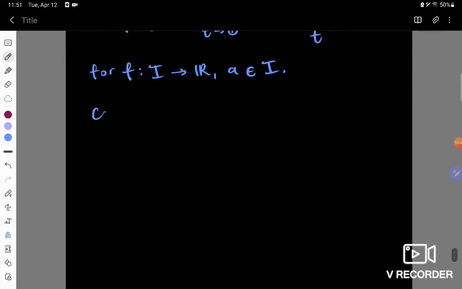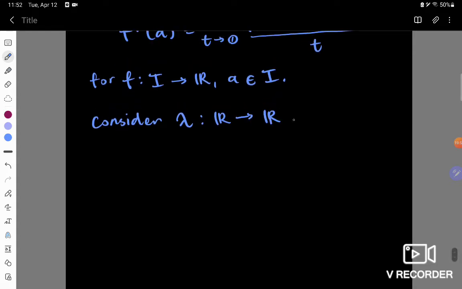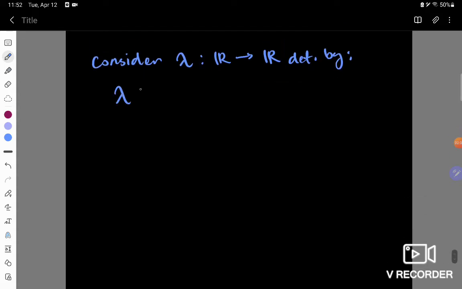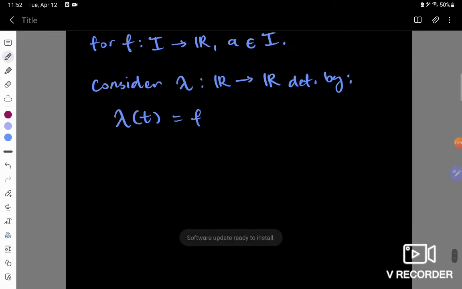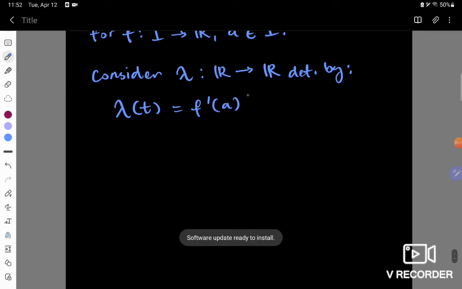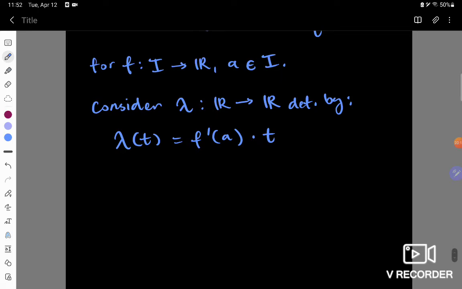Consider what we'll call lambda, which we define from the real numbers to the real numbers, defined by lambda of t equals f prime of a times t. So this is certainly a mapping from R to R, and this is how we're going to look at lambda. So why is this a useful formulation? We will see in a moment.